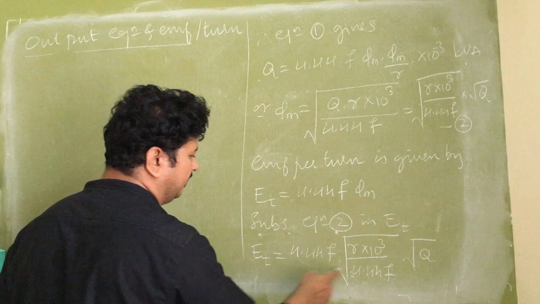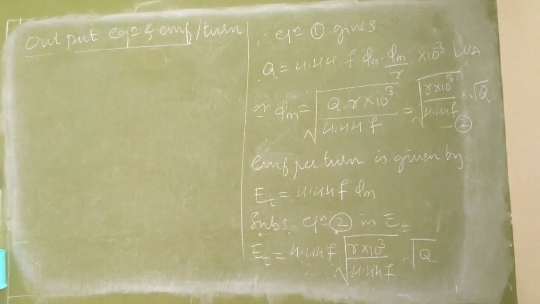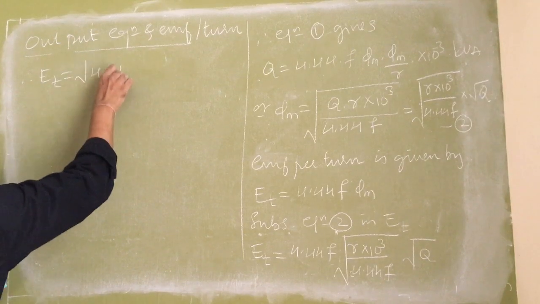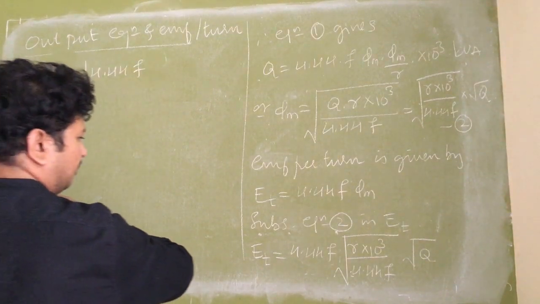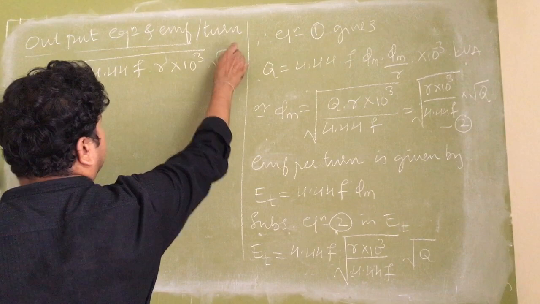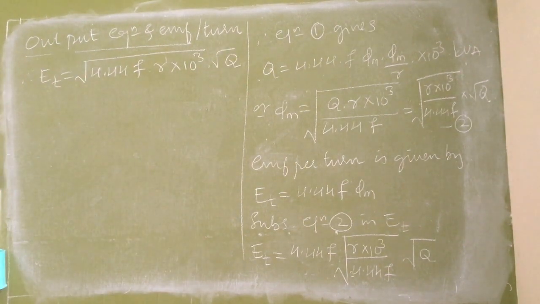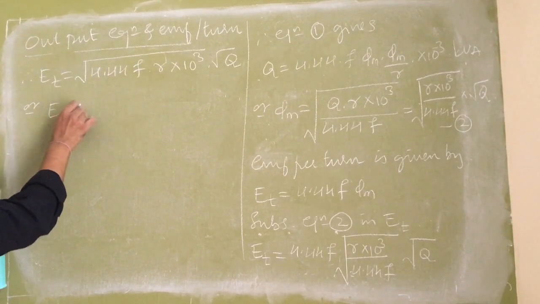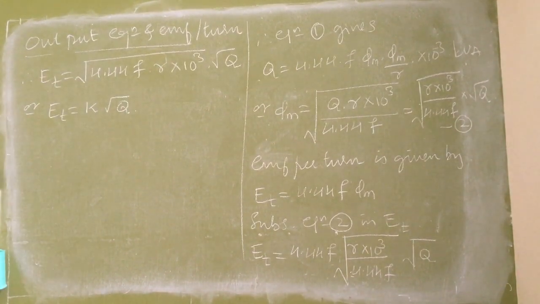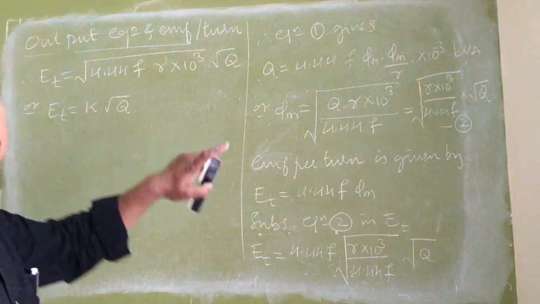So 4.44 F divided by root 4.44 F, in the numerator we will get root 4.44 F. Therefore, ET is equal to under root 4.44 F into R into 10 to the power 3 into root Q. Or ET is equal to K into root Q. And please note, this K is not the transformation ratio.